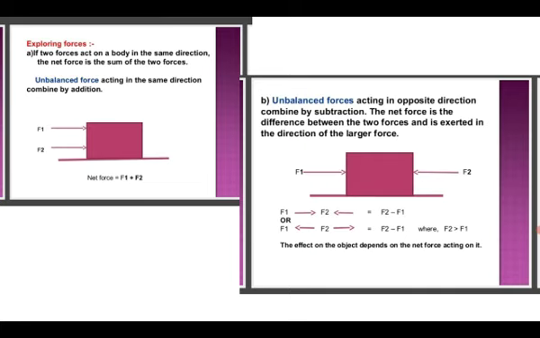Second example, you can see two forces F1 and F2 that apply in opposite directions. If F2 is greater than F1, then net force is equal to F2 minus F1. If F1 is greater than F2, then net force is equal to F1 minus F2. The effect on the object depends on the net force acting on it.